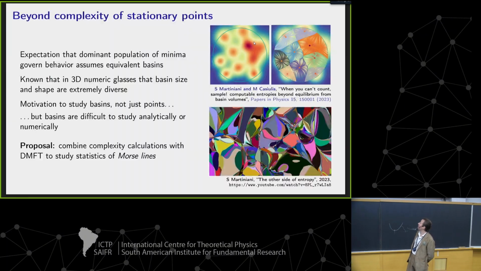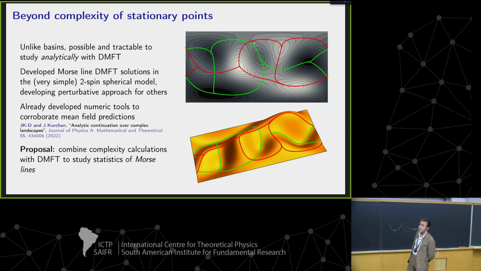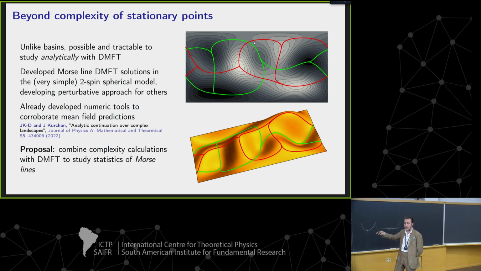In a very technical way, this is exactly what I'm doing when I'm trying to do this sort of extension. It's not exactly what you're suggesting. The extension of going to Morse lines is specifically starting and ending dynamical mean field theory conditioned on the presence of stationary points at certain places in the landscape.